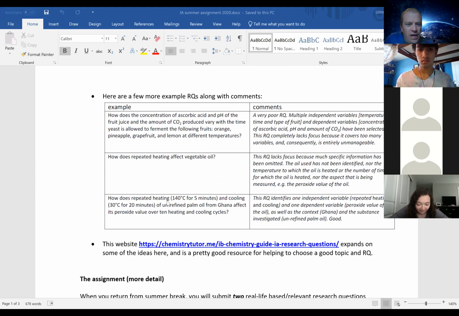How does repeated heating, and notice they put the time and temperature in there, and cooling, of unrefined palm oil, so maybe that's the oil they're talking about here, from Ghana, affect its peroxide value over 10 heating and cooling cycles? So maybe this person was actually going to do this experiment, but the second version of it is a much better one.